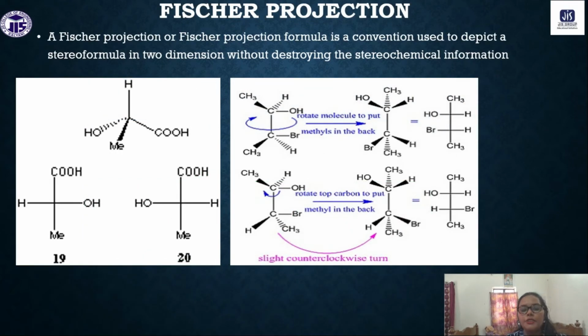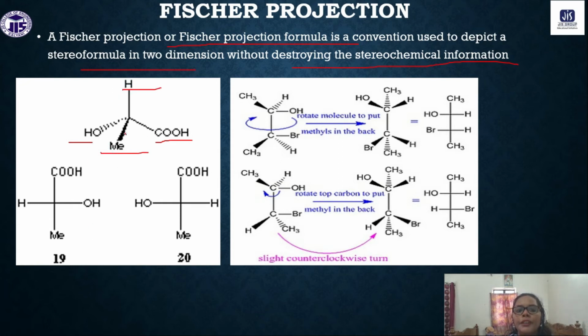Next we have the Fischer projection. A Fischer projection formula is a convention used to depict the stereoformula in two dimensions without destroying the stereochemical information. Now look, this is the flying wedge configuration of a molecule, where we have the carboxylic group, the hydroxyl group, the methyl group, and one hydrogen atom.